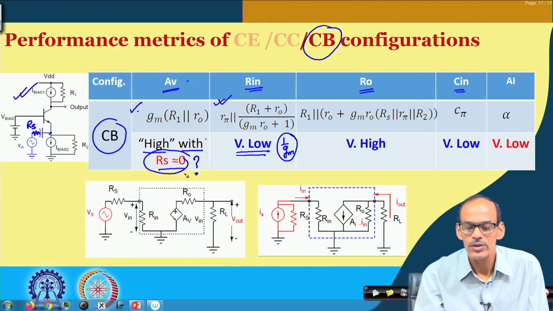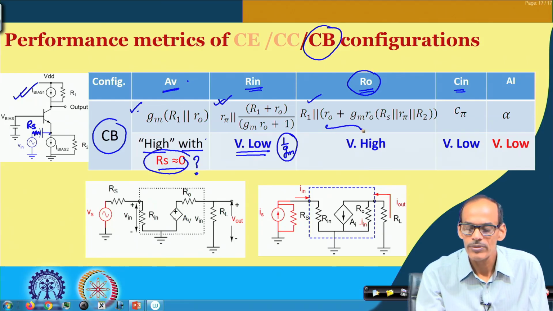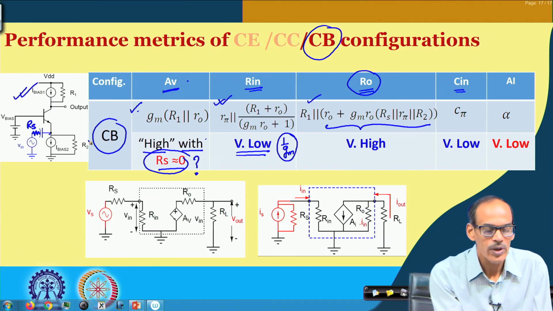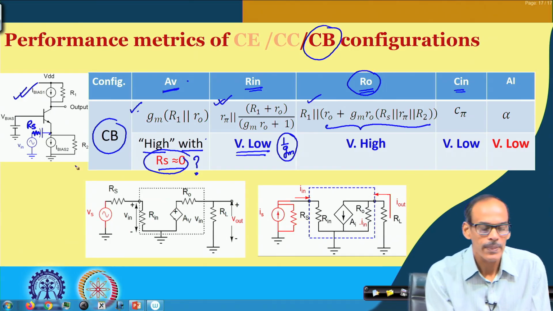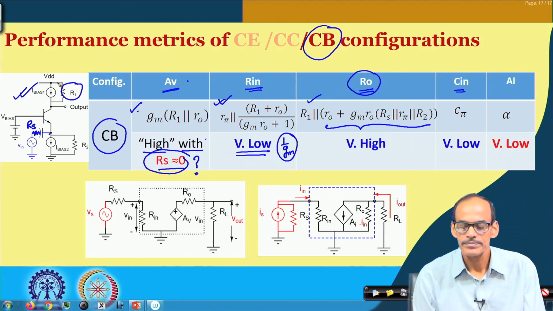So, let us look into R O and its expression, given here. R O's major contribution comes from the active devices given here, and R 1 is basically the bias circuit.